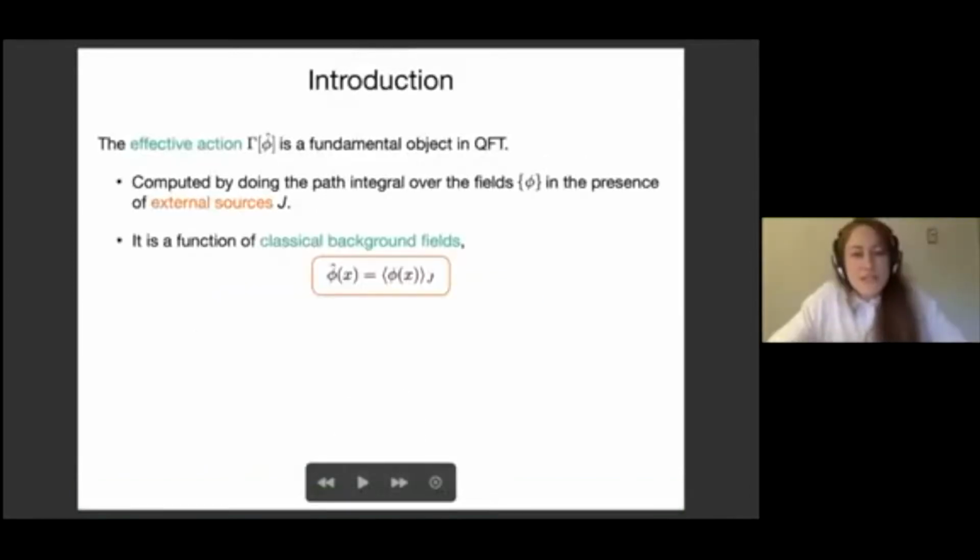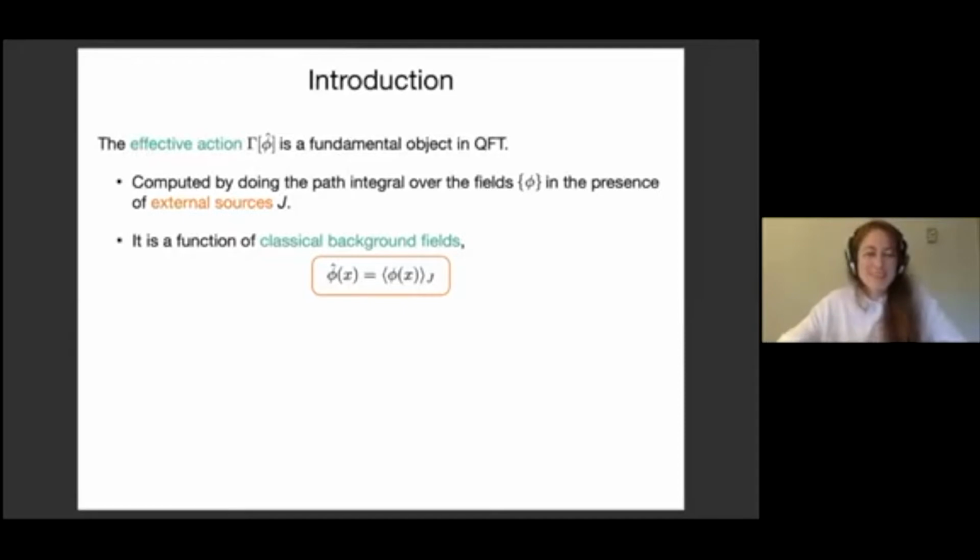I'm going to begin with just some general introduction and motivation. So maybe call this QFT 101. The effective action in quantum field theory is a fundamental object that we know and love. It is computed, I'll remind you, by doing the path integral over the fields in the presence of external sources.